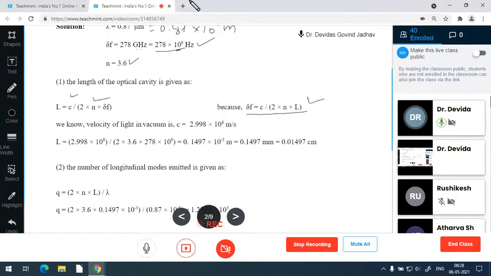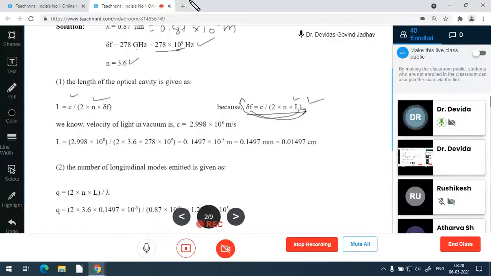So we rearrange for L now, because the data given is delta f. We can substitute delta f, C and N and find out L. So L, taken on the left side, goes into the numerator, and delta f when taken on the other side goes into the denominator.